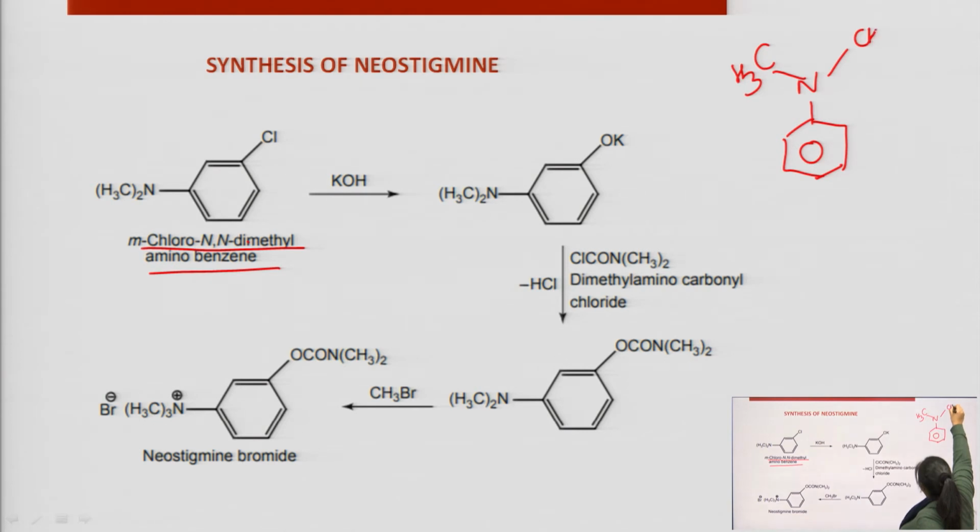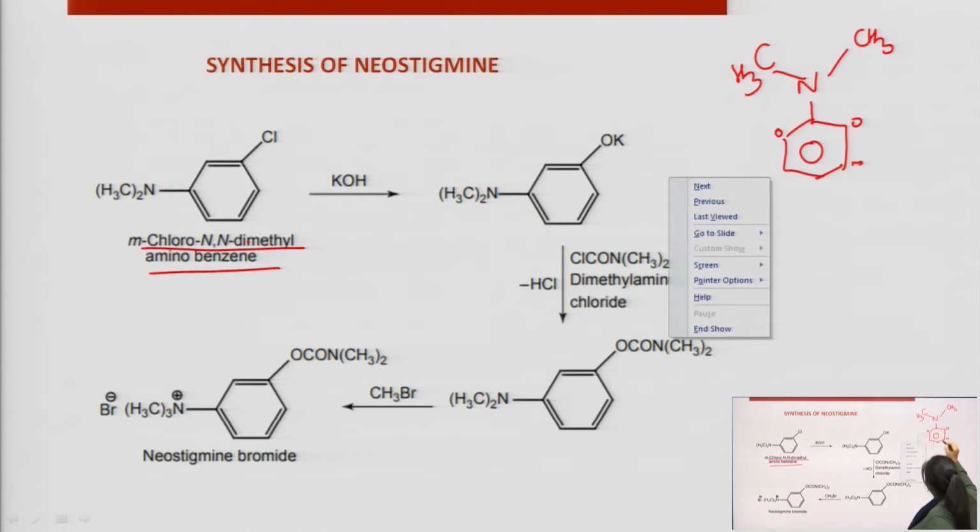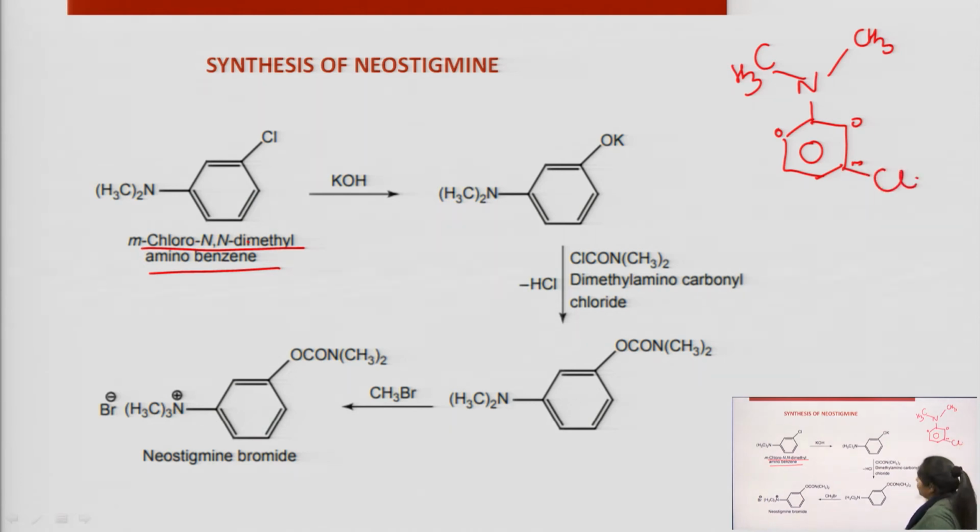This is the first position, these are ortho, these are meta, so on either side we can attach the chloro. So, metachloro-N,N-dimethylamino benzene.